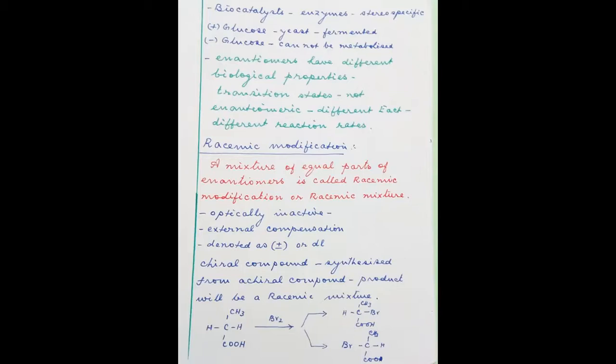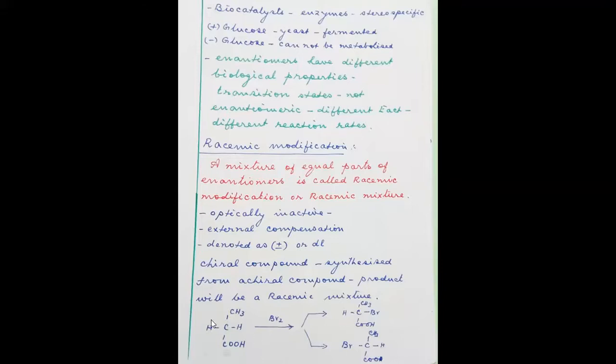Normally, a racemic mixture is formed when a chiral compound is synthesized from an achiral compound. Look here, I'm taking propionic acid. Propionic acid is not a chiral compound because it doesn't have all four groups attached to the carbon different.